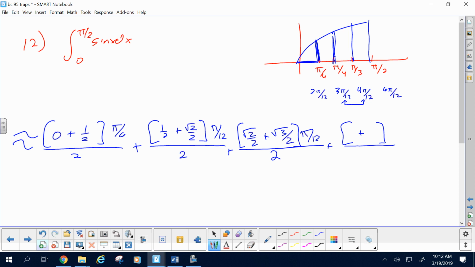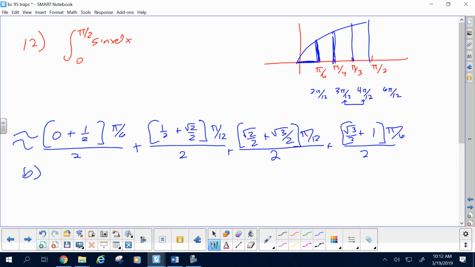And last but not least, what's the height? 2 pi over 12 or pi over 6. The bases are sine at pi over 3, which is root 3 over 2, and sine at pi over 2, which is 1. Okay, you don't need to just leave it like that. Okay, you with me? All right.